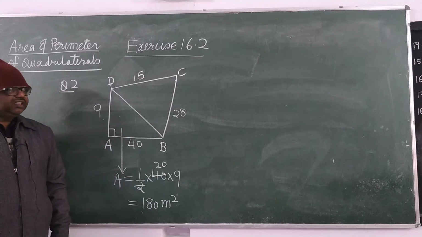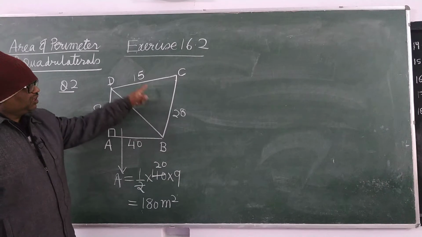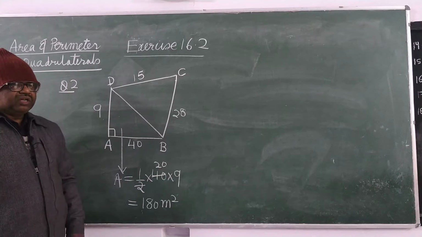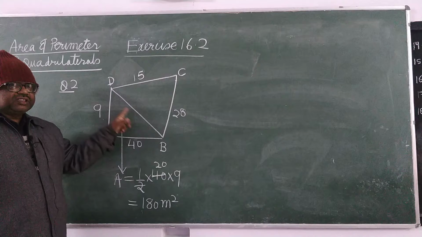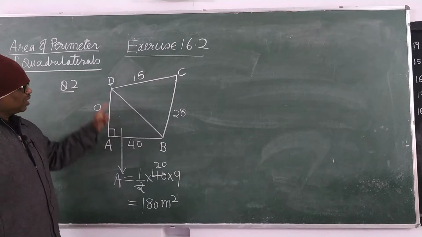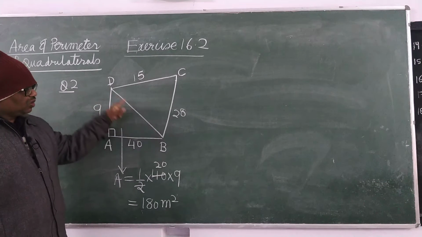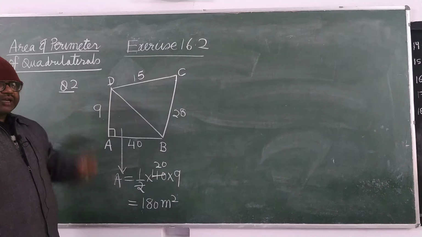Now if you see here in triangle BCD, two sides are known. The third side BD is not known. That you can find by using Pythagoras theorem.